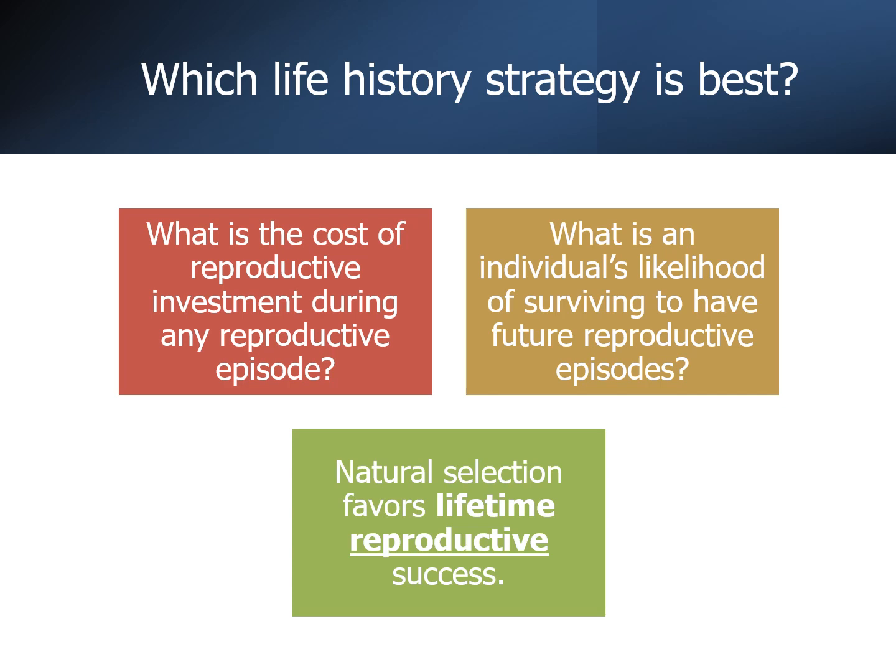It just depends. But because they live longer or they reproduce more, like once a month, then the likelihood of surviving or having reproductive episodes in the future increases greatly. So natural selection is going to favor lifetime reproductive success.